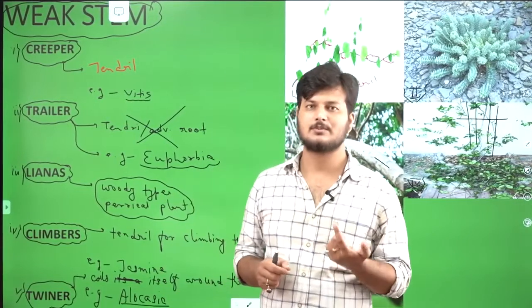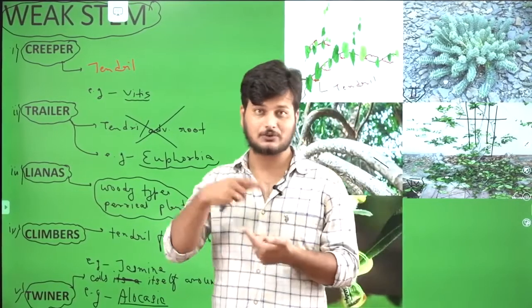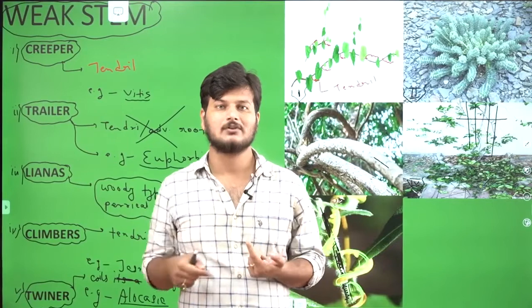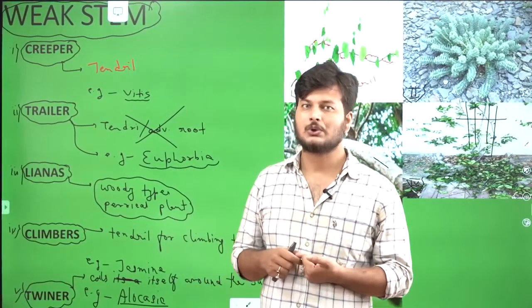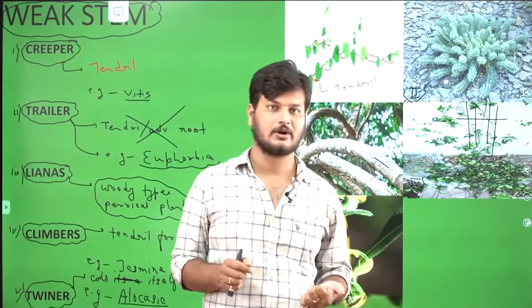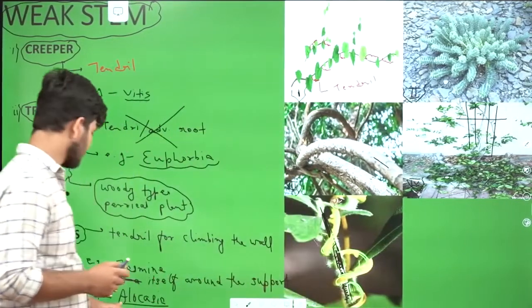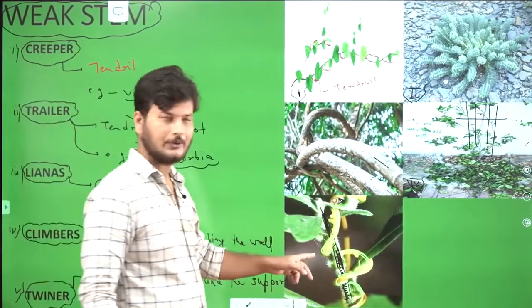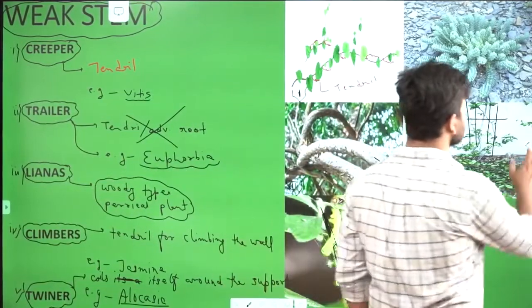It has a special property to twine or coil itself around the special support. That's why it uplifts its body. And the famous example given is alocasia, which is shown in the figure. Next, go to the next slide.